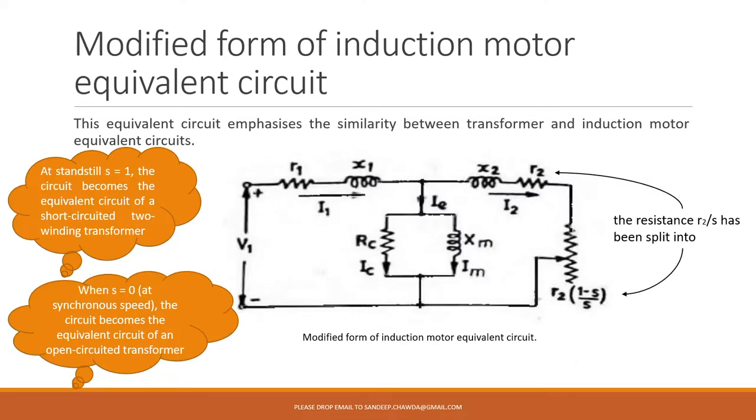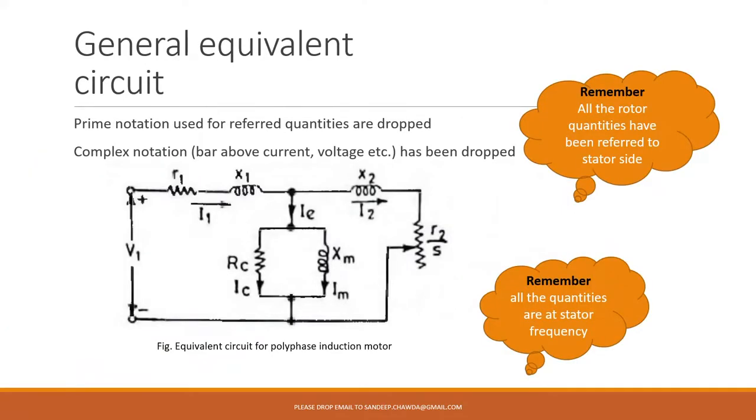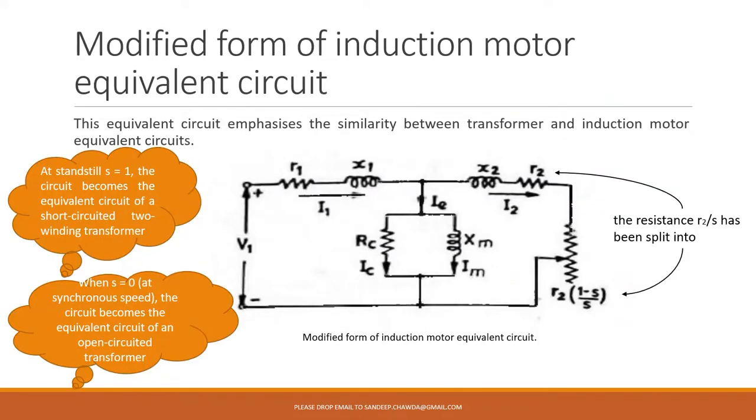Now we are having this circuit. For better understanding, we are going to modify this circuit. In the modification, we are going to write this R2 by S in two parts. We are going to split this resistance into two parts. Let me show you.